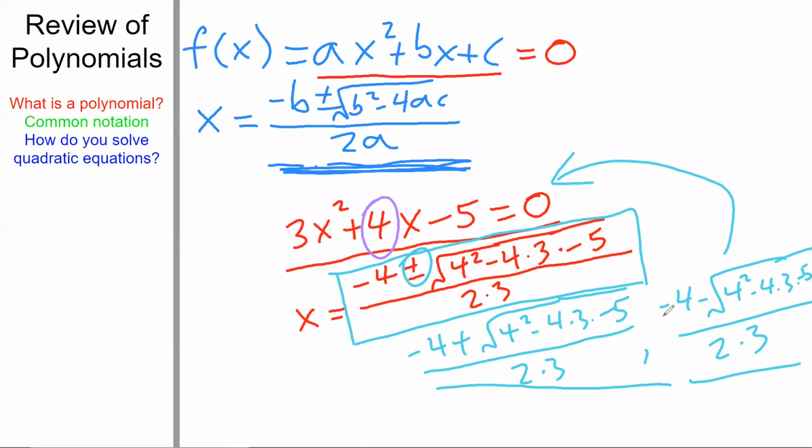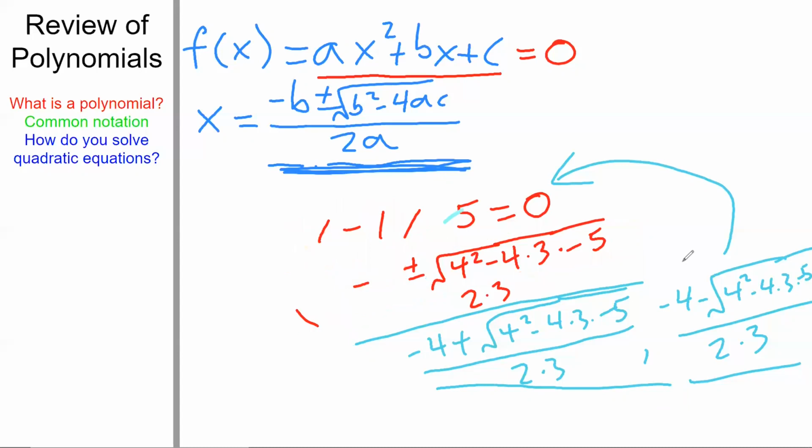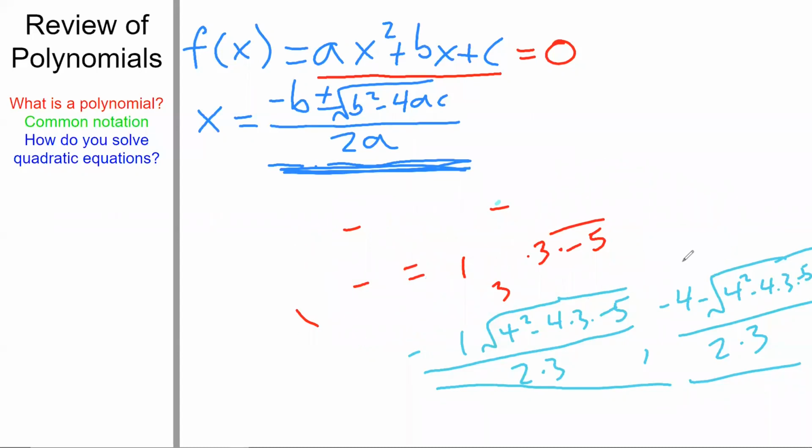So f is basically notation saying f of x is a function. Let's imagine here that f of x is one big machine.